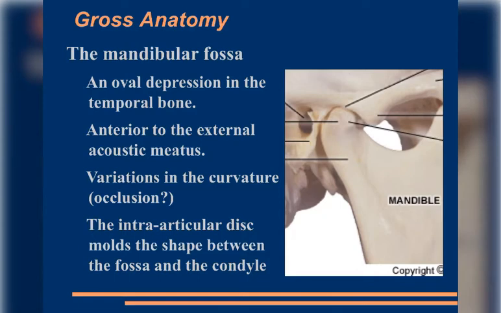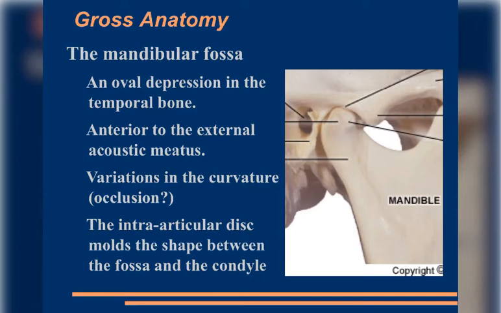The mandibular fossa is an oval depression in the temporal bone. You see here, this is the depression area, which is called the mandibular fossa or glenoid fossa, anterior to the external acoustic meatus, which is here.